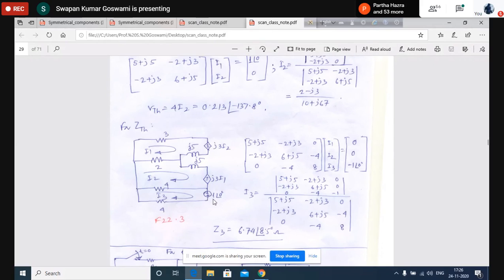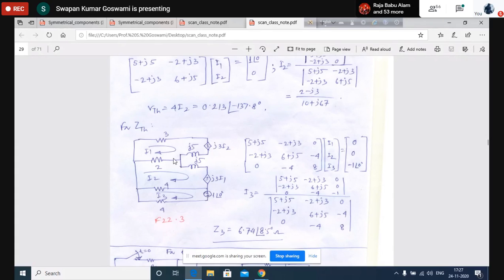Assume that voltage to be the reference phasor for measurement. Okay, so what current this 1 volt at an angle of 0 is delivering to the circuit at its terminal, that you have to determine. So connect the voltage source here, and see how much current is delivered by this source.